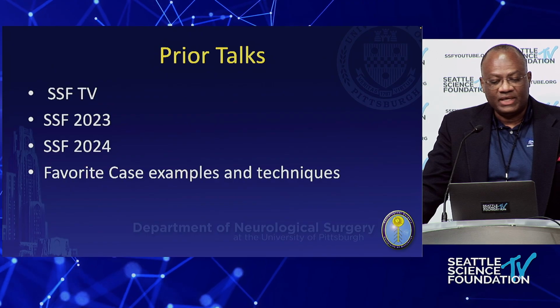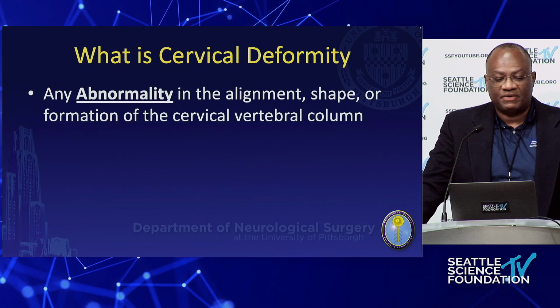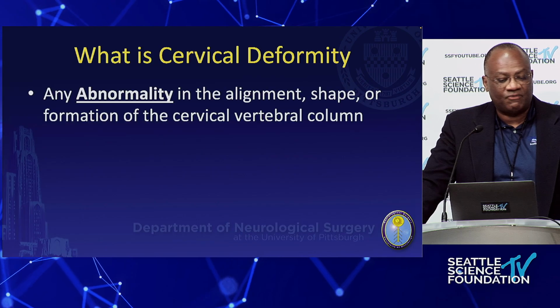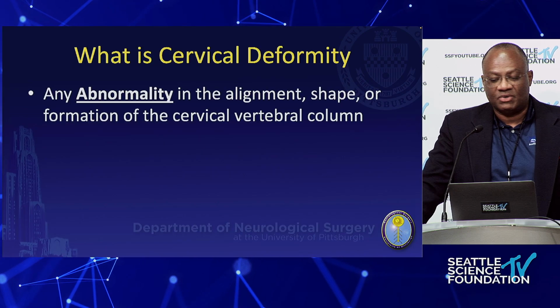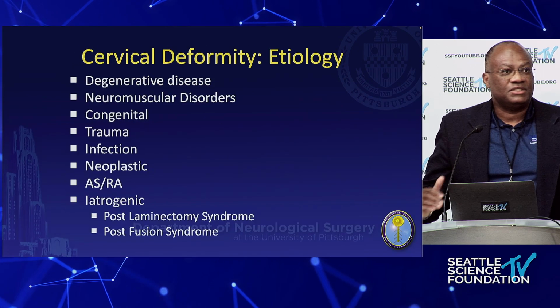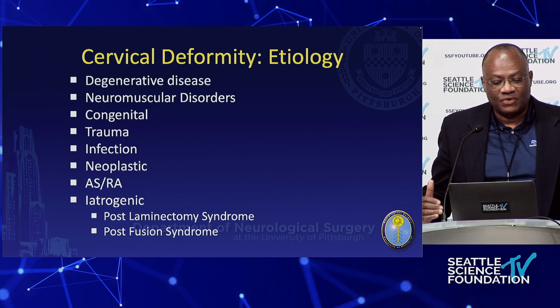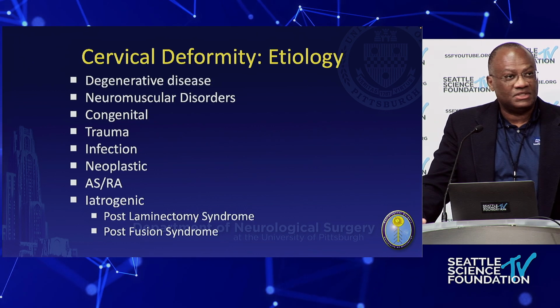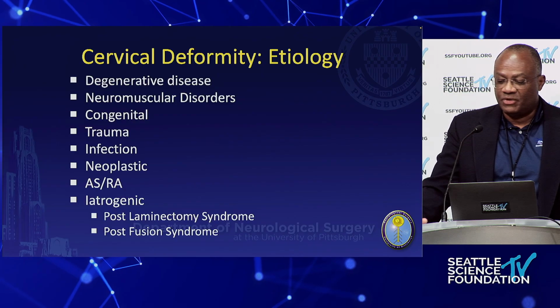So really, when we talk about cervical deformity, we're talking about any abnormality in the alignment, shape, or formation of the cervical vertebral column. And the etiologies, all of you get it through your education: degenerative disease, neuromuscular disorders, congenital, and with a focus on iatrogenic.